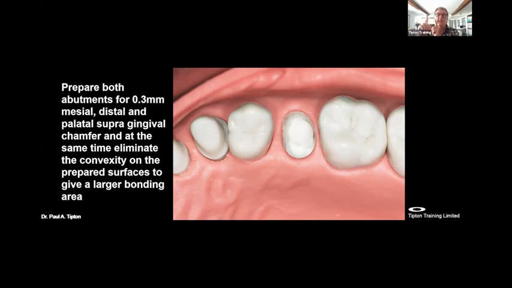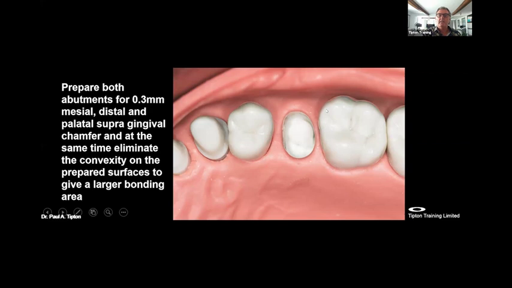So you tell your technician, that's the place to put your grooves. That is where the metal wing stops. And you can do that in the mouth. The best person to do that is you, looking when the patient gives you the big beaming smile. And here we're combining longevity, resistance form, maximum wraparound, but also aesthetics.